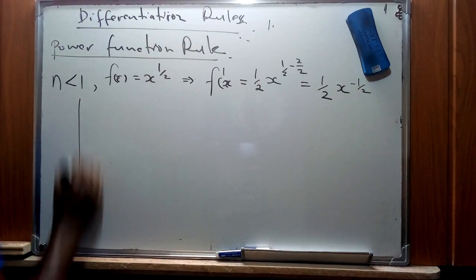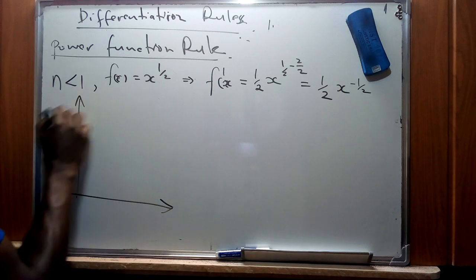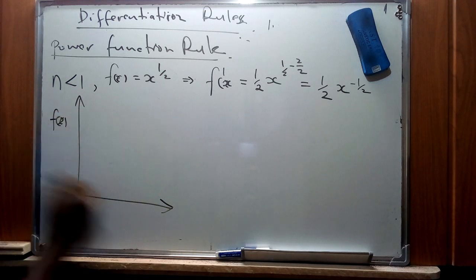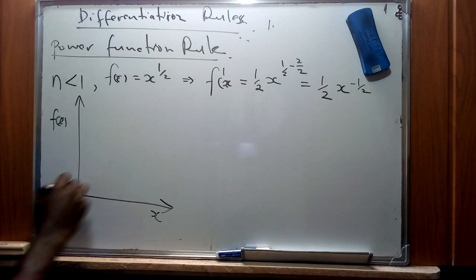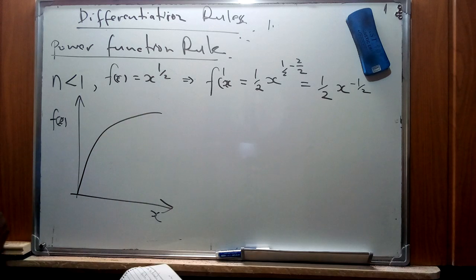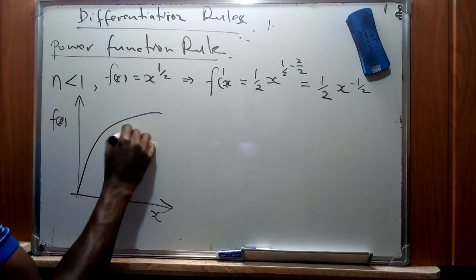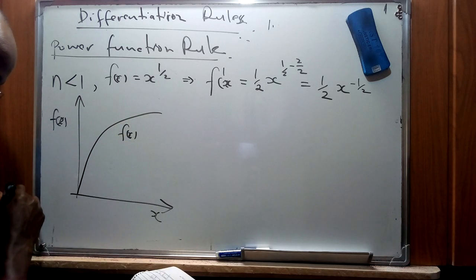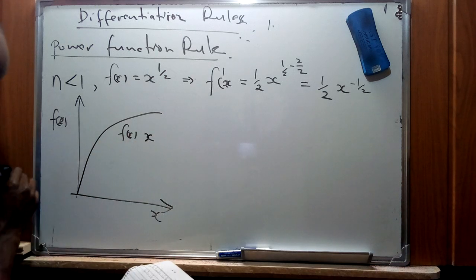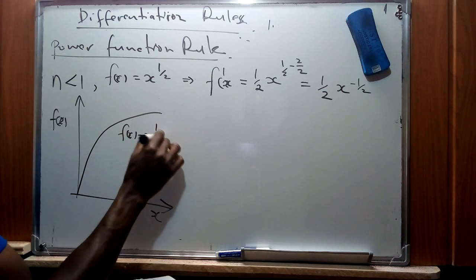So for the function f of x against x, it's a graphical representation for that. We're going to have a graph of f of x, x to the half.